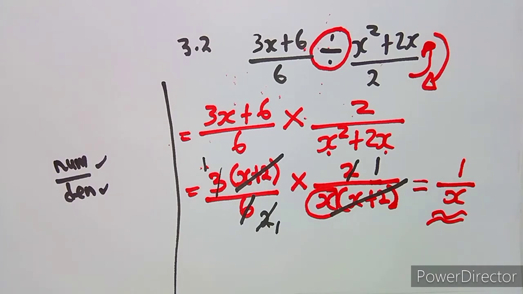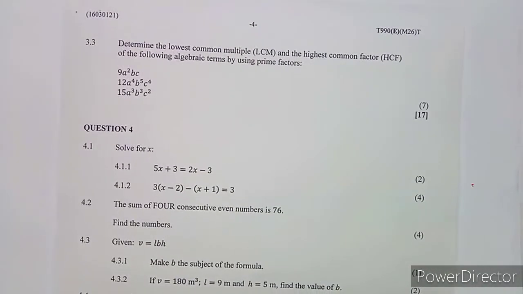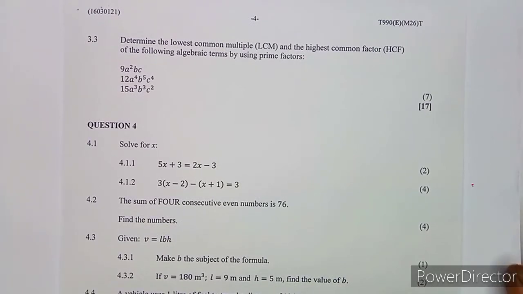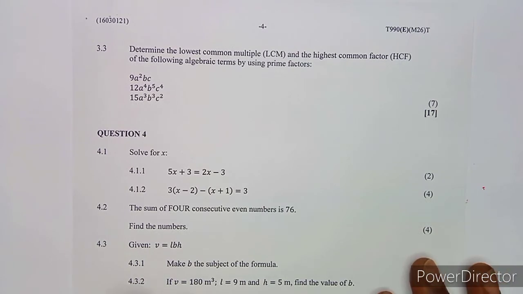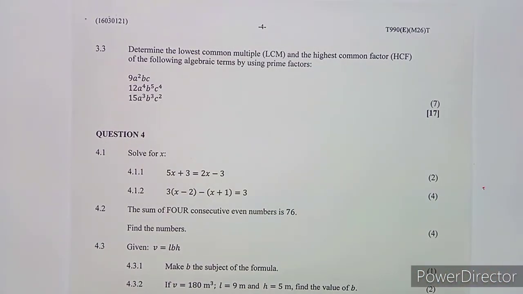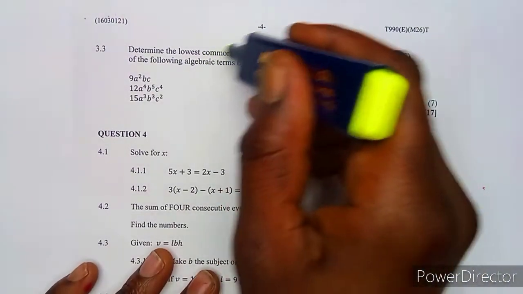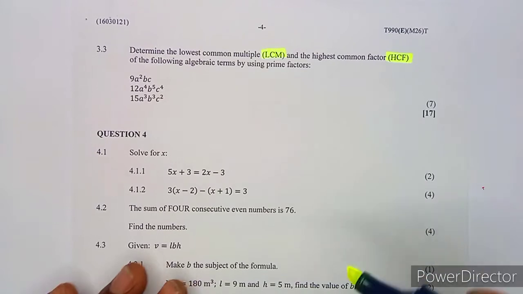Actually, let's see the other part that we are given, which is on 3.3. We are asked to determine the lowest common multiple and the highest common factor. All right, so take note about this part, guys, the LCM and the HCF.